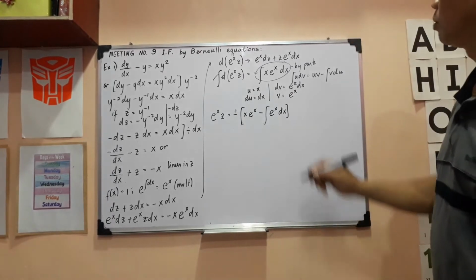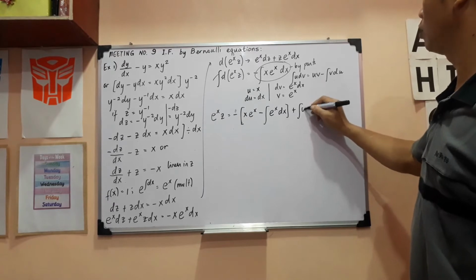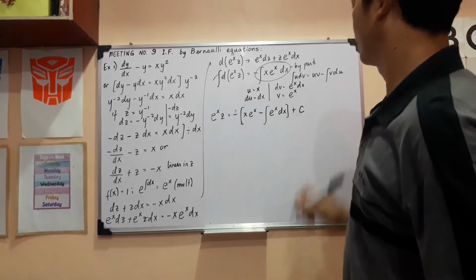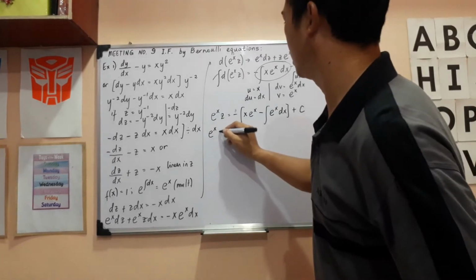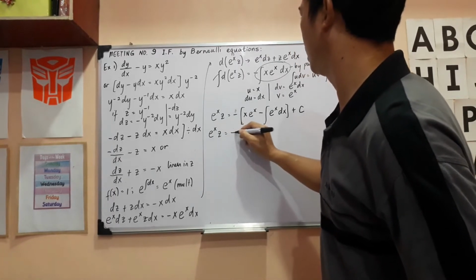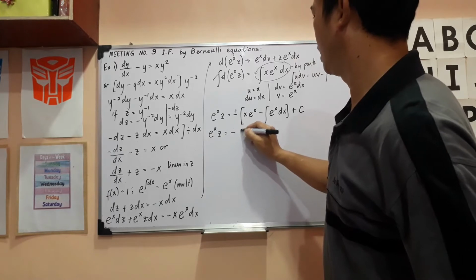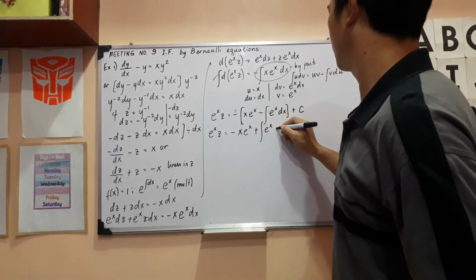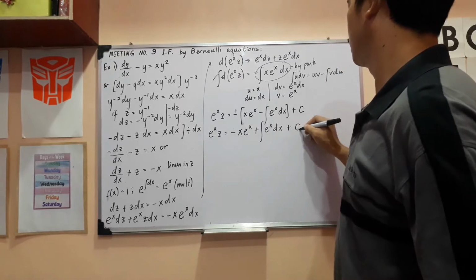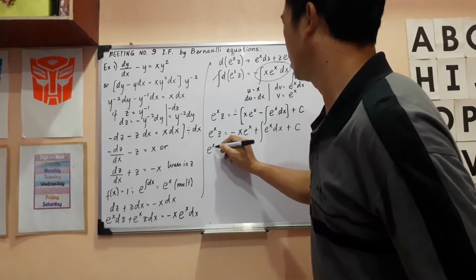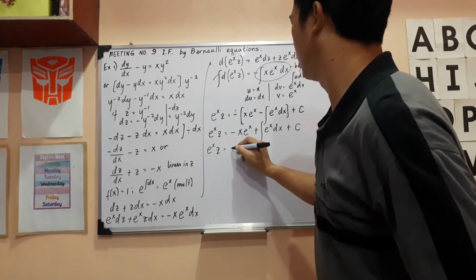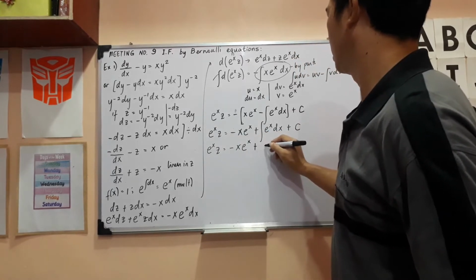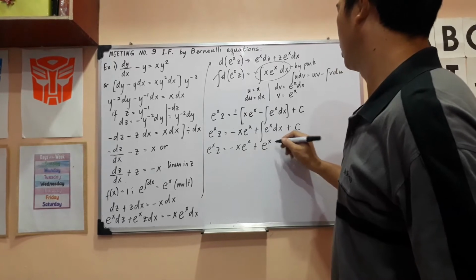Of course, I have here plus the integral of 0 is constant. So, e raised to x and then z is equal to negative x e raised to x plus the integral of e raised to x dx plus c. So e raised to x z is equal to negative x e raised to x plus e raised to x plus c.